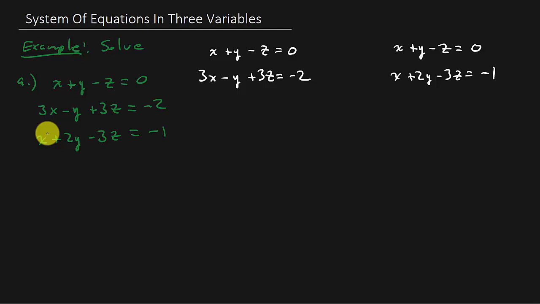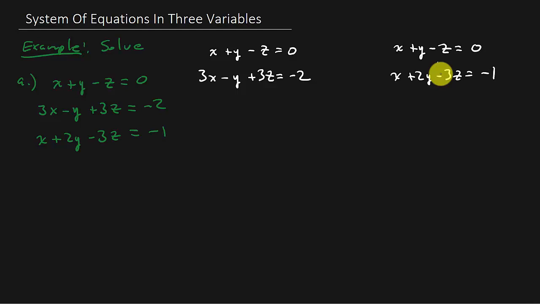Now, what we want to do is eliminate a variable, similar to two equations, two unknowns. When I add the two equations here, and add the two equations here, I want one of the variables to go out.